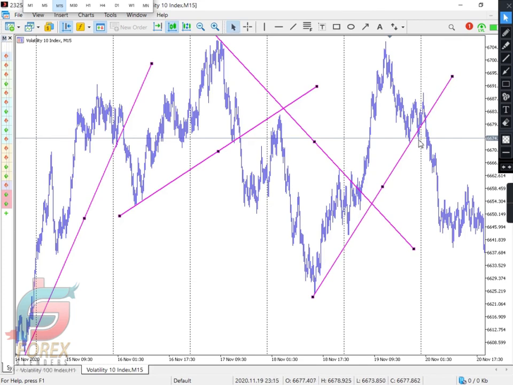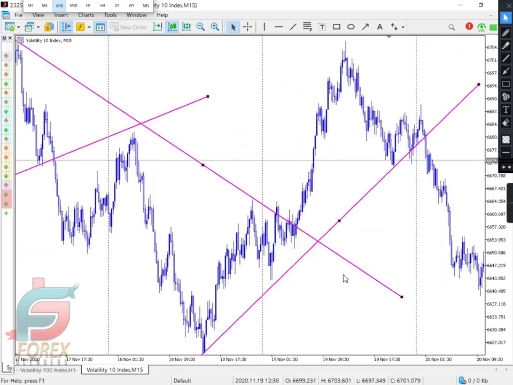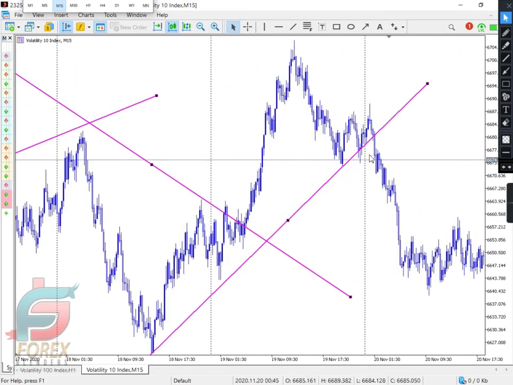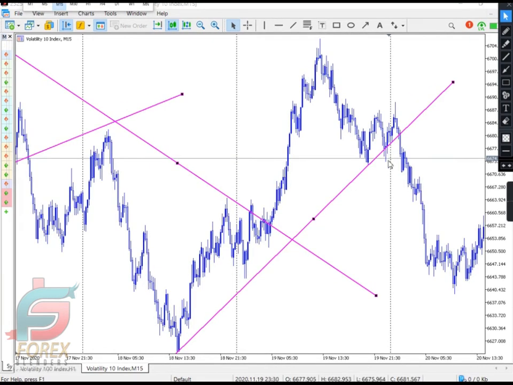So the breakout happened here. Let's zoom out and see if the candle closed below. You can see this candle didn't close below the trend line, but if it had closed, then this trade could be a loss.